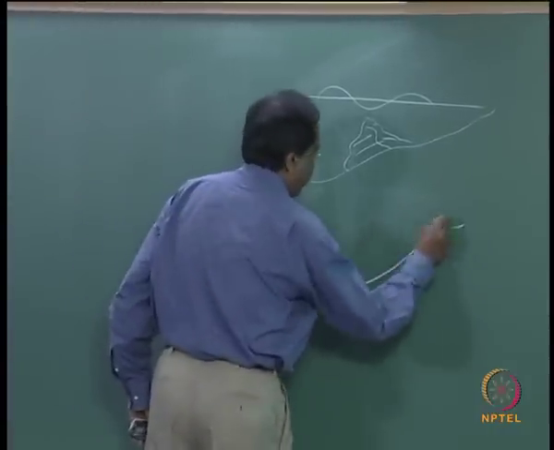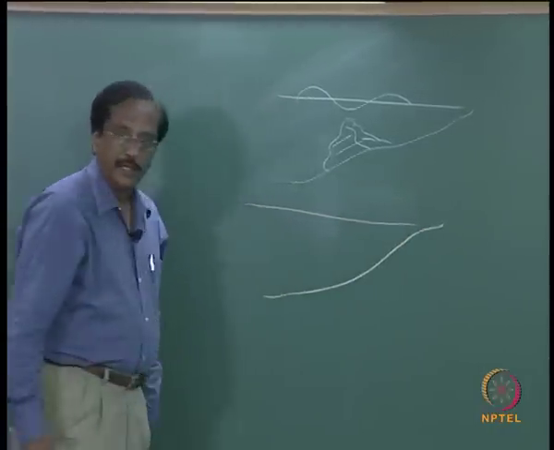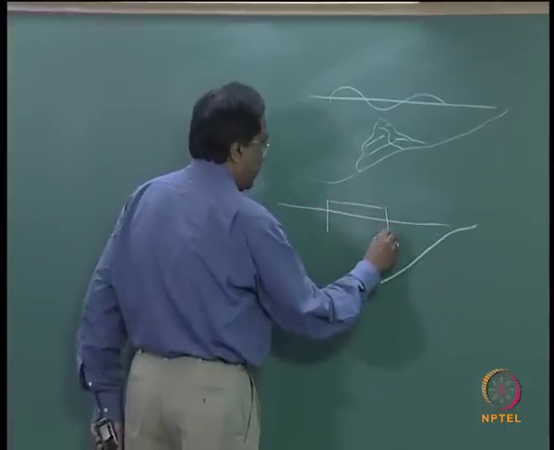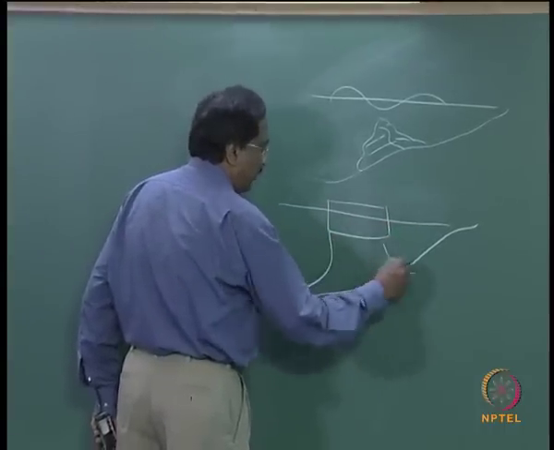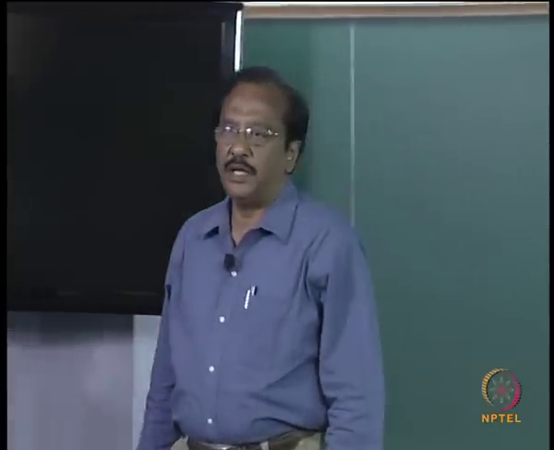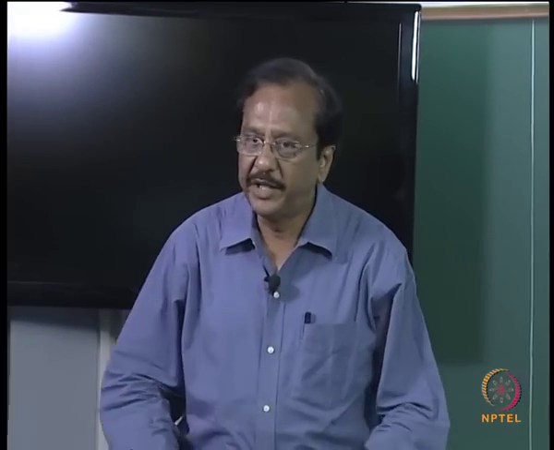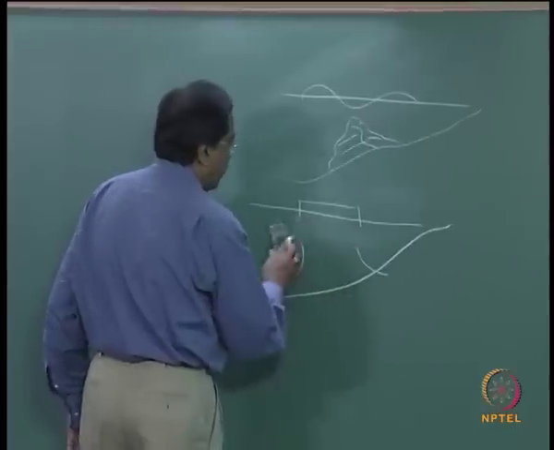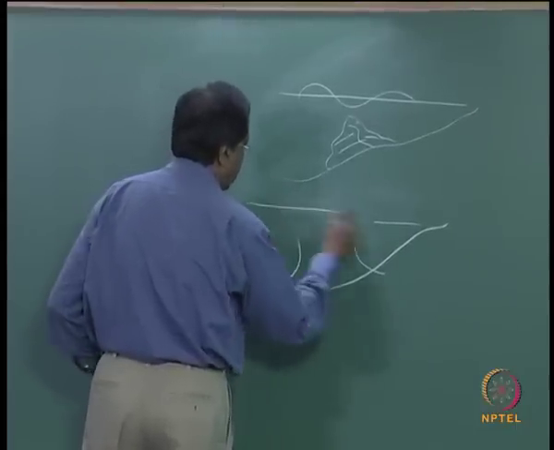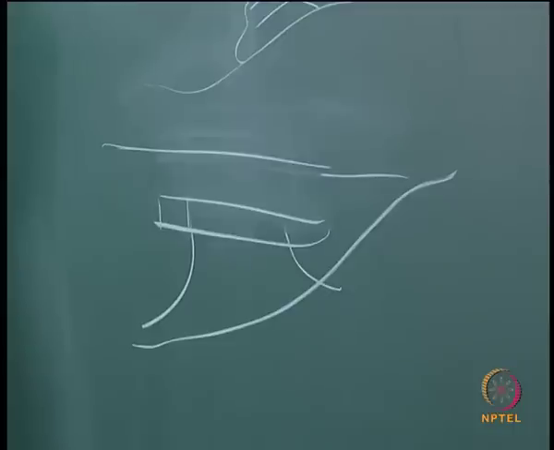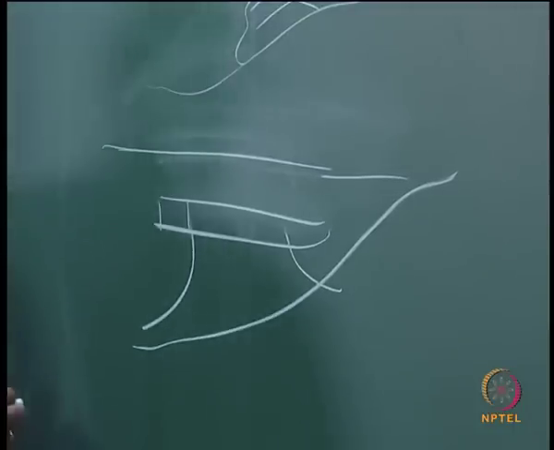Or there can be artificial means. How? For example, you may have some kind of a structure which is floating, and this will also deform the waves. This structure can be at the surface or it can also be at the bottom, or maybe even a pipeline.